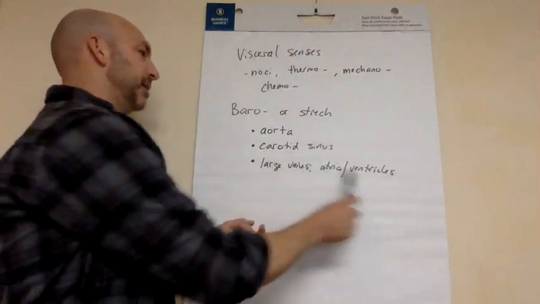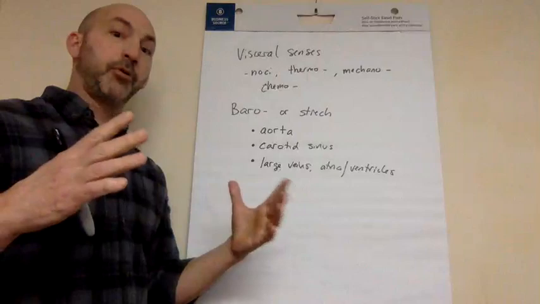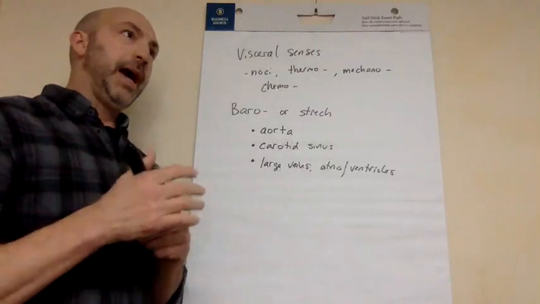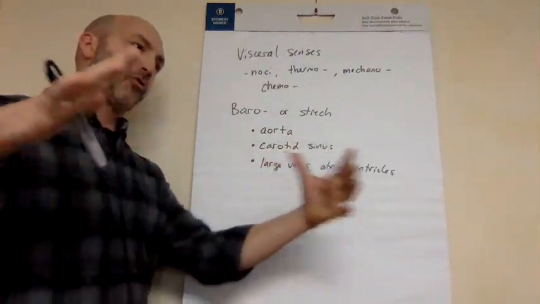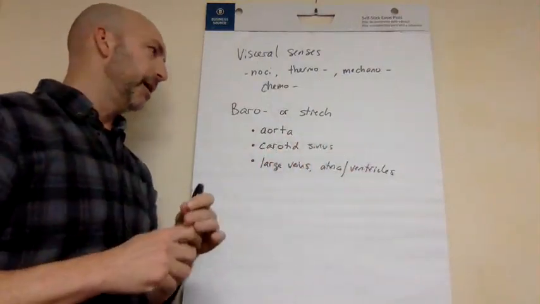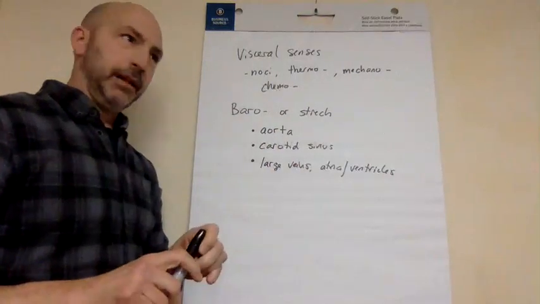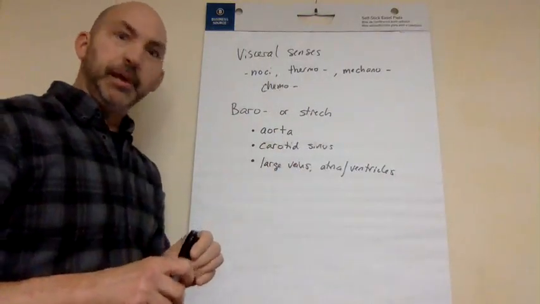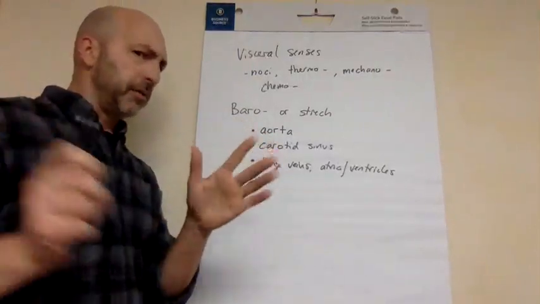And what they'll allow us to do is say, is our heart filling appropriately, right? Do we have enough blood volume coming back to the heart to distend it appropriately, fill it appropriately? And again, that'll be linked to receptors that might help us regulate our blood volume, right? Make you thirsty, if you don't have enough filling, among other things.